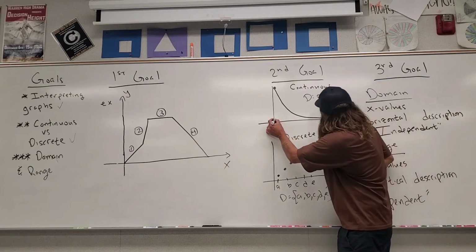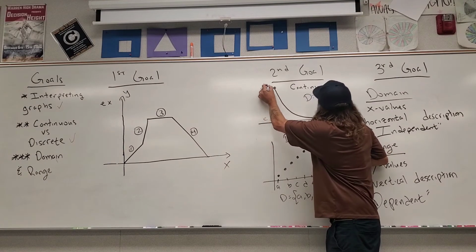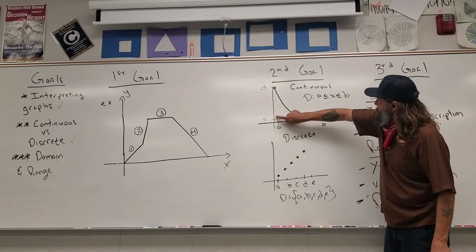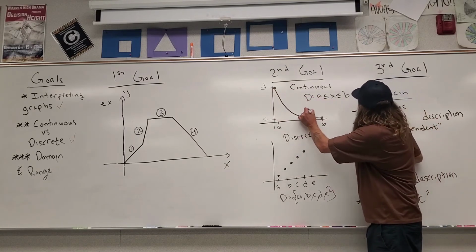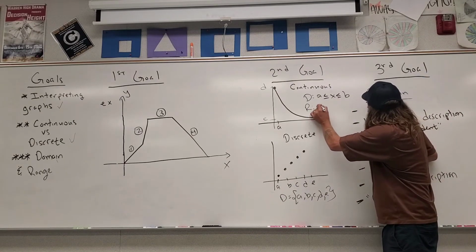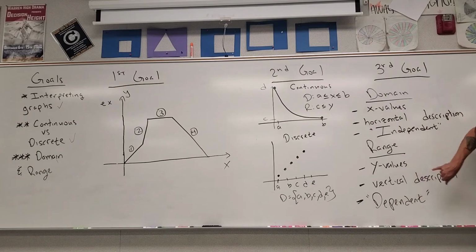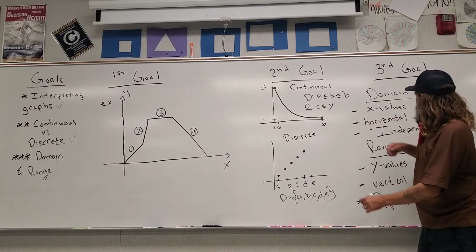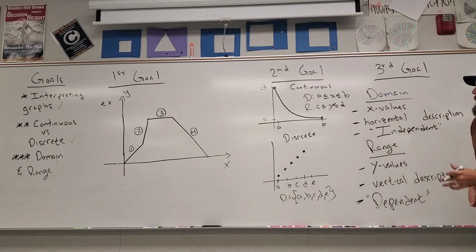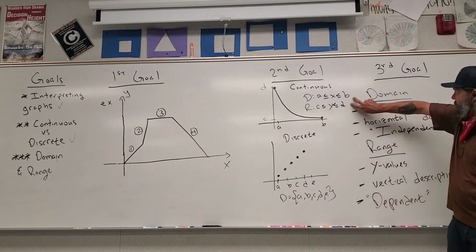Okay, so I'm just going to say that this height right here is the letter C, this height right here is the letter D. So the shading is between C and D, and it starts at C and it goes to D. So we would say that the range of this graph goes from a height of C, and I have to use Y because I'm talking about my vertical description. It goes from a height of C to a height of D. So again, when we're talking about domain and range of continuous graphs, we have to write an inequality.